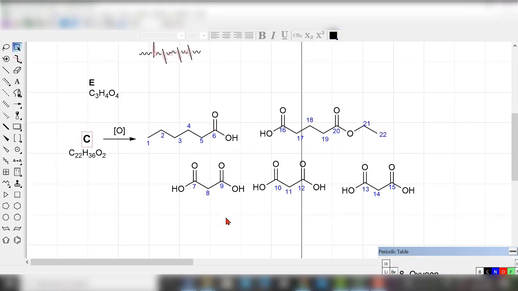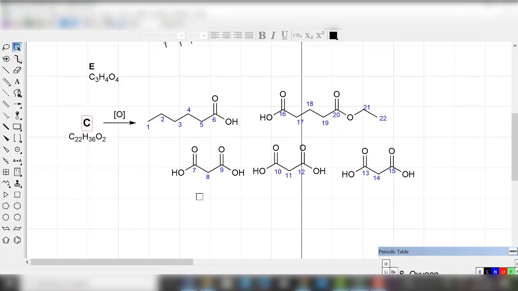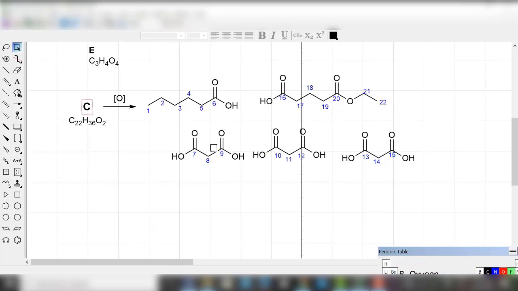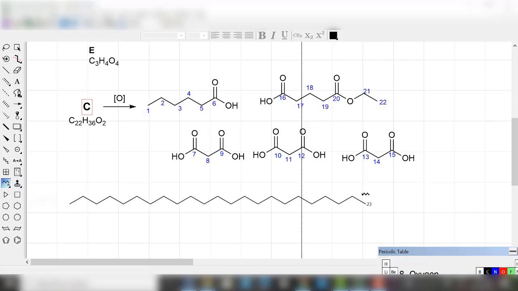So therefore, I can conclude that for C, right, the original C=C must be between C6 and C7, C9 and C10, C12 and C13, C15 and C16. Okay, so I hope you get it. And then, therefore, from here, I will be able to connect them up using a very long chain like this. Okay, and then I will now try to put in all.